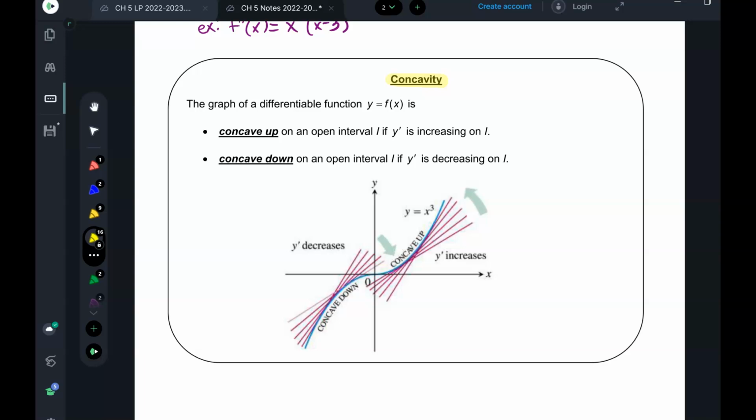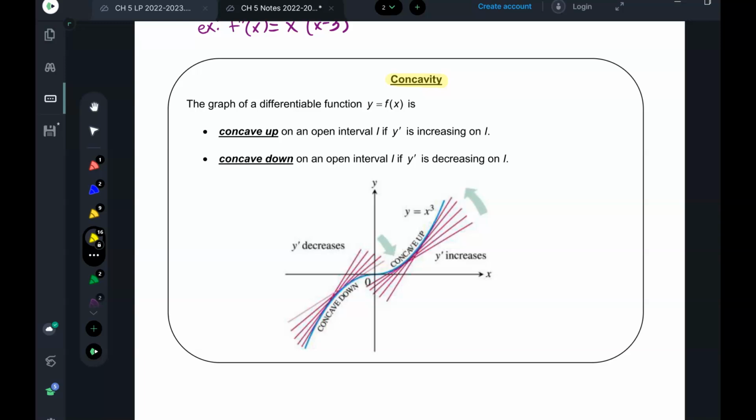Basically, concavity has to do with the second derivative. I know this picture's a little complicated looking, but say you have your tangents. What's happening to the tangent as I get closer? It starts out steeper and then it gets less steep. So my derivatives are getting smaller and smaller.